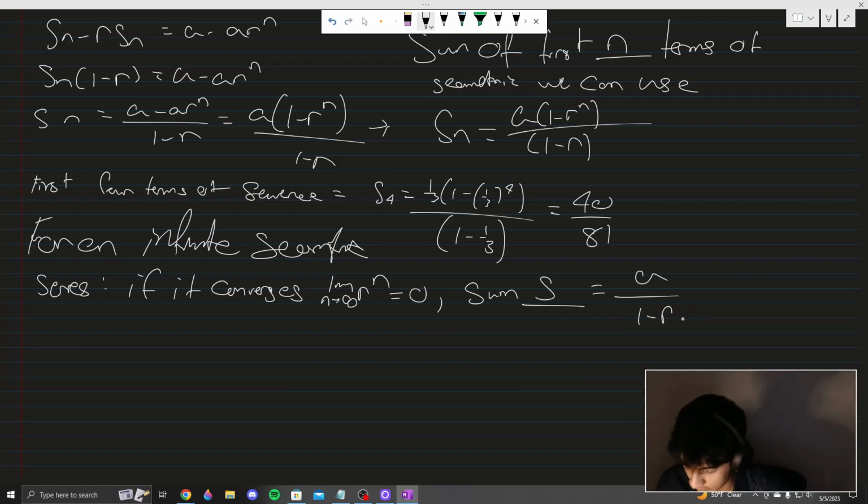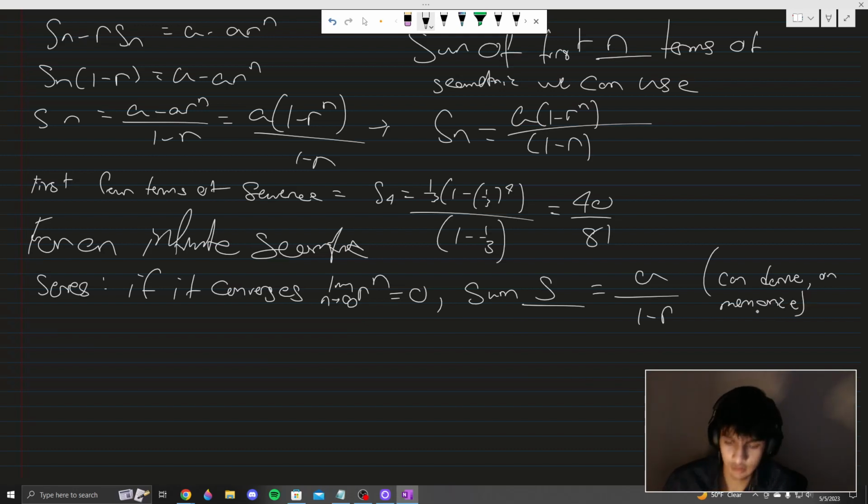Okay, that is our expression. Now you can either derive it, which a lot of students find easier, or memorize it. And I honestly suggest memorizing for the sake of speed. That is your personal choice.